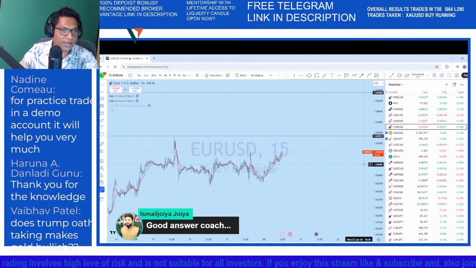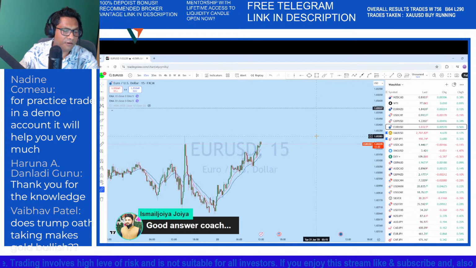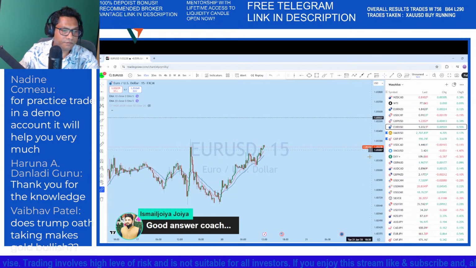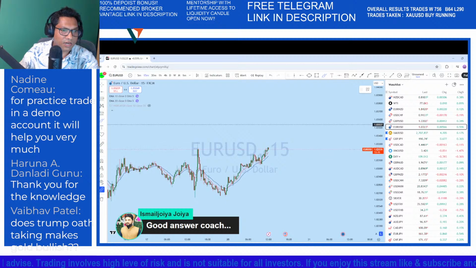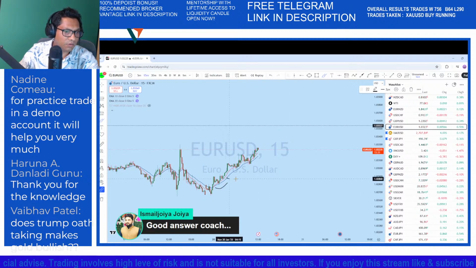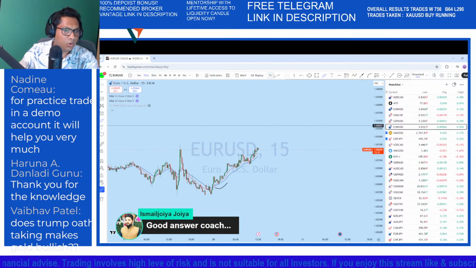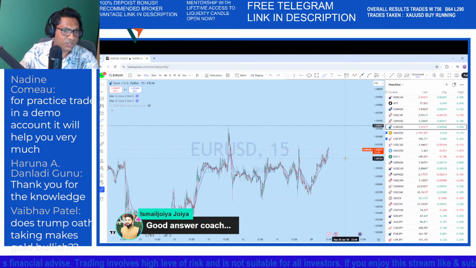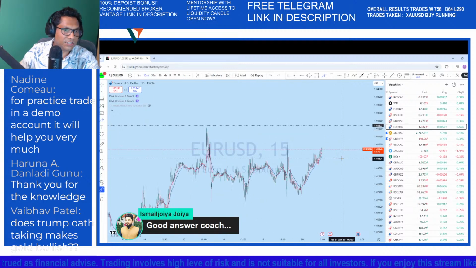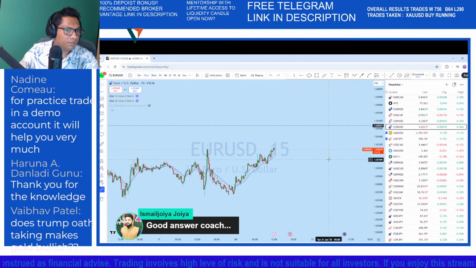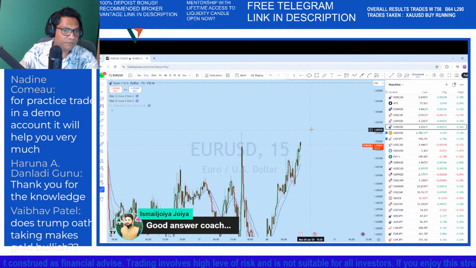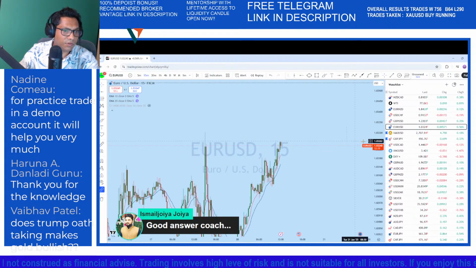With that 15 minute perspective here, this is a bullish market structure, a series of higher low formation. You can see this is a resistance line here, and with that resistance, the market is forming a series of higher lows.